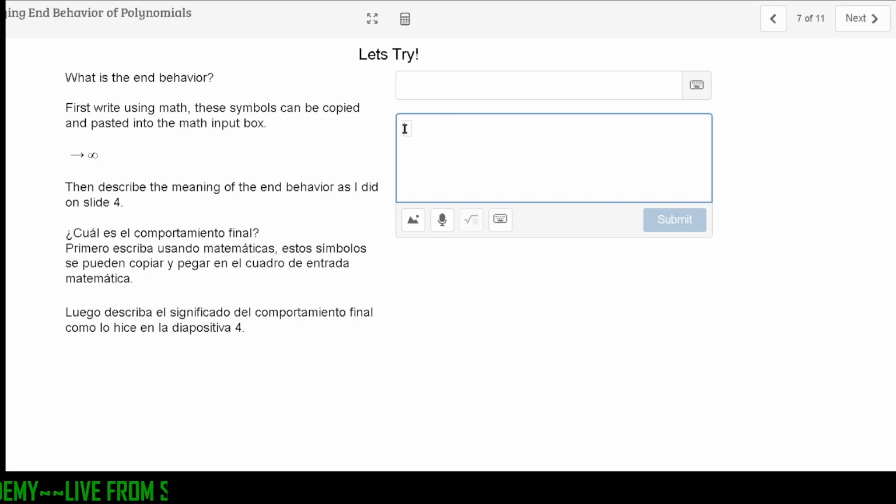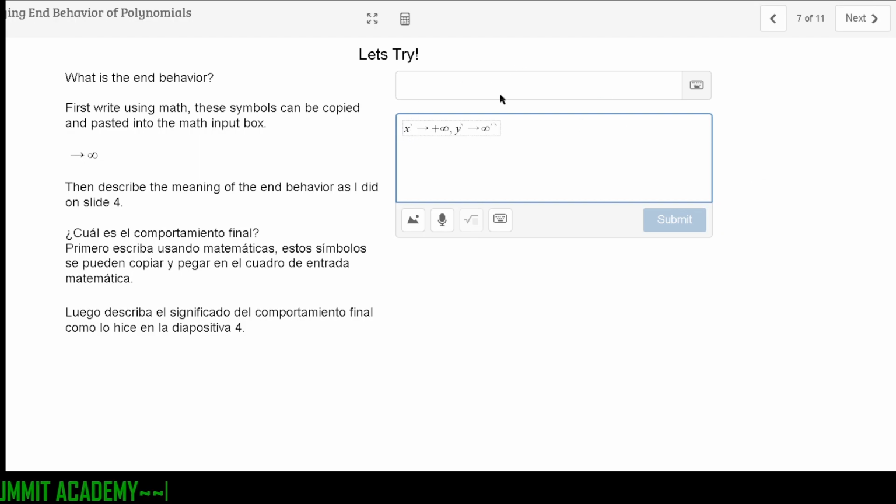So let's say, as x goes to positive infinity, y goes to positive infinity as well.